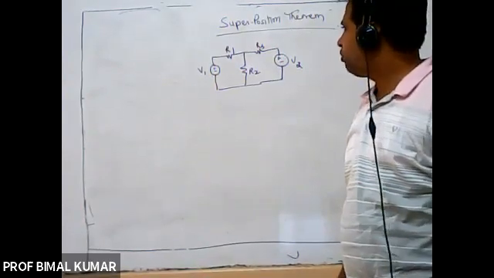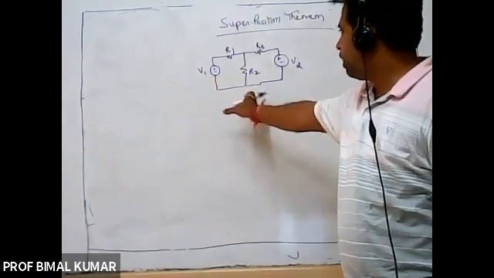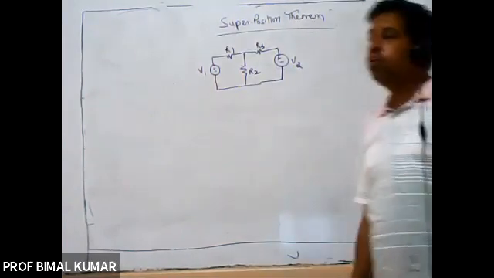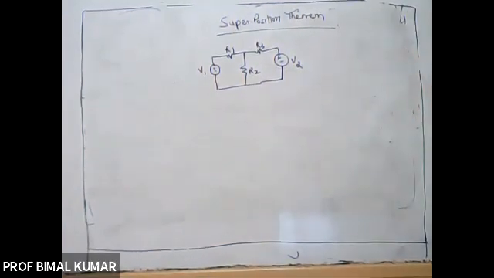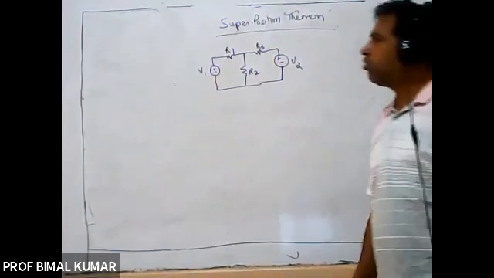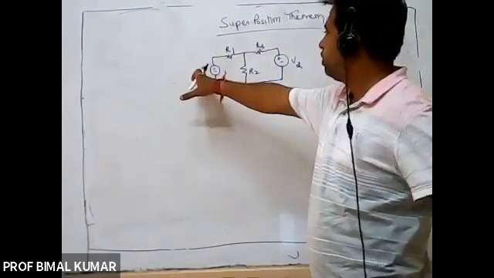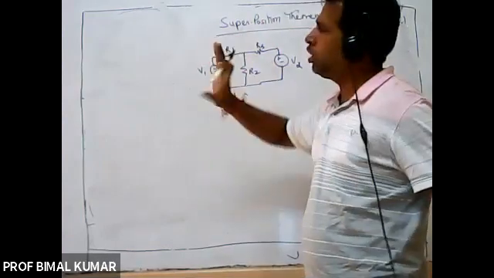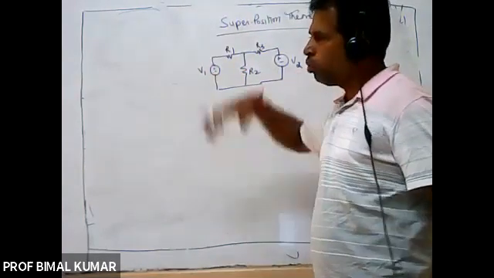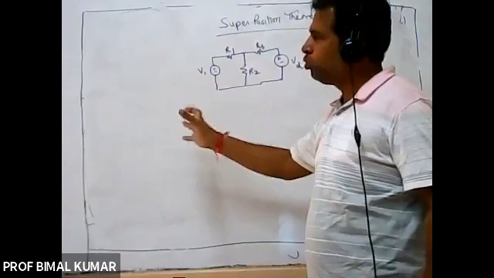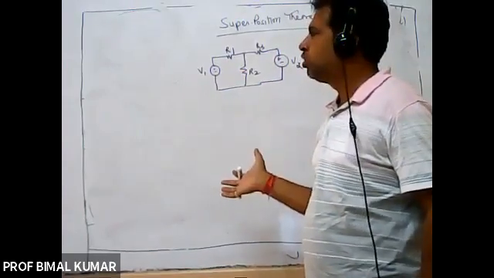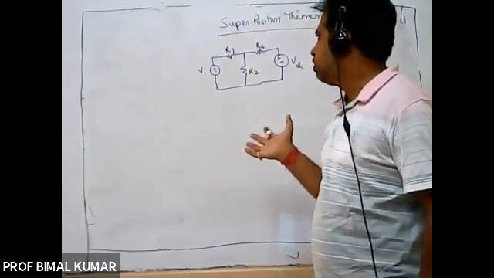Then after that, this network will consist of more than one energy source. That means there are two voltage sources. There may be one voltage source and one current source, or two voltage sources and one current source, right?